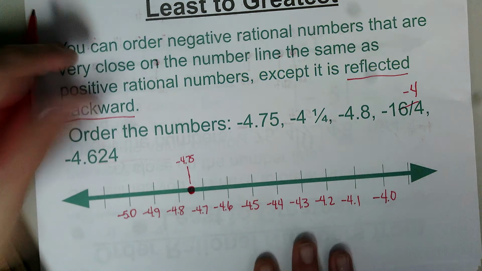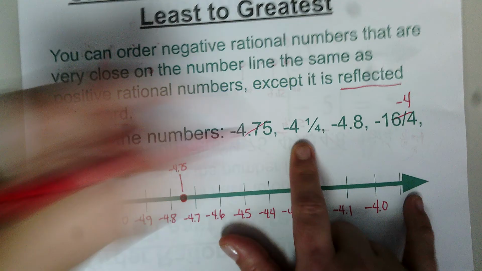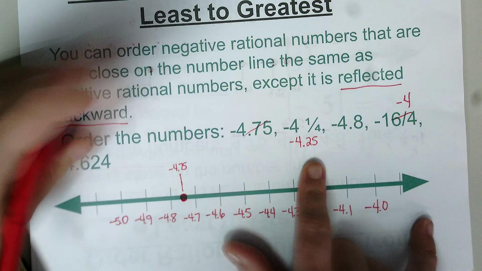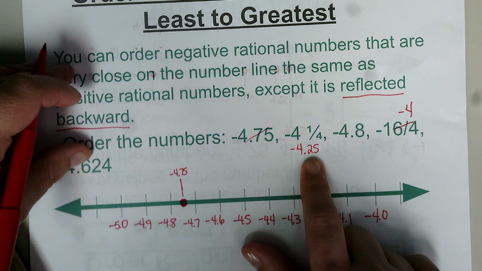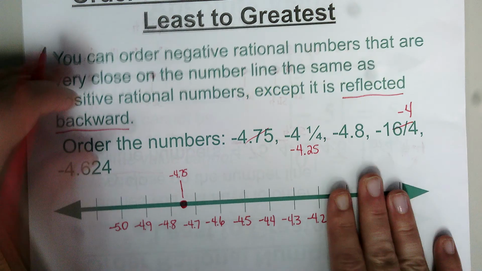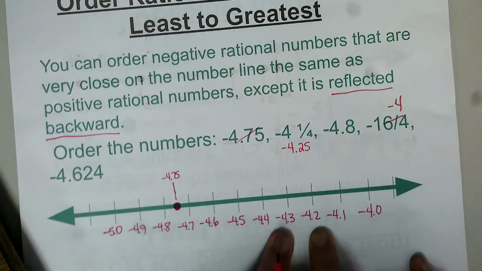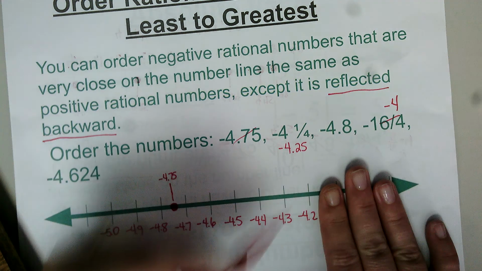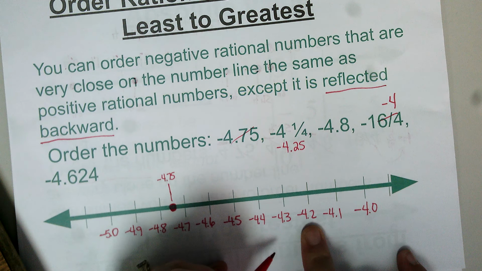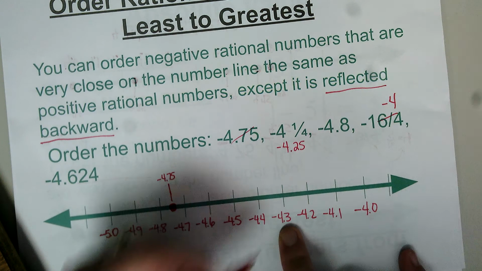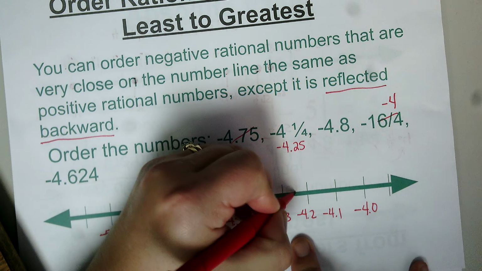Okay. Now negative 4 1/4, and we figured out earlier that that is negative 4 and 25 hundredths. So we're going to look between the negative 4.2 and the negative 4.3. So negative 4.2 and negative 4.3 are right here. Okay. So remember, you're going backwards. So if this was negative 4.20 and this is negative 4.30, then negative 4.25 is going to be halfway.